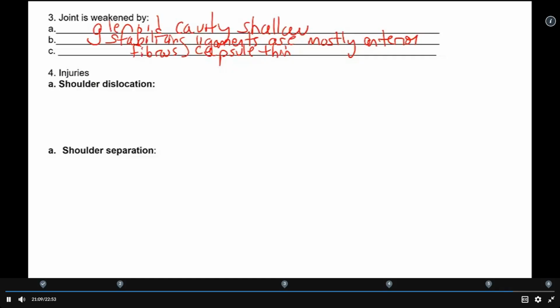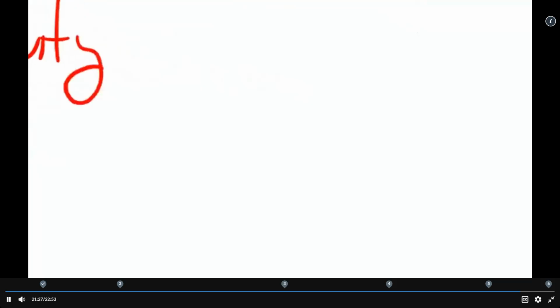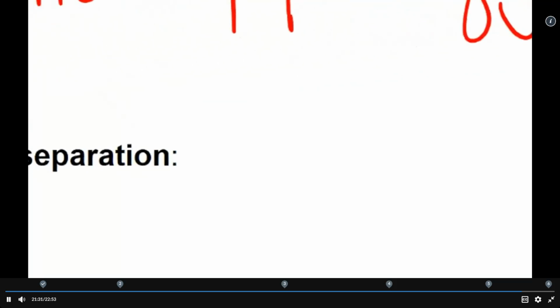Well, there's shoulder dislocation and shoulder separation. Shoulder dislocation is when the humerus pops out of the glenoid cavity, and it usually occurs from repetitive forward and downward movement of the arm.